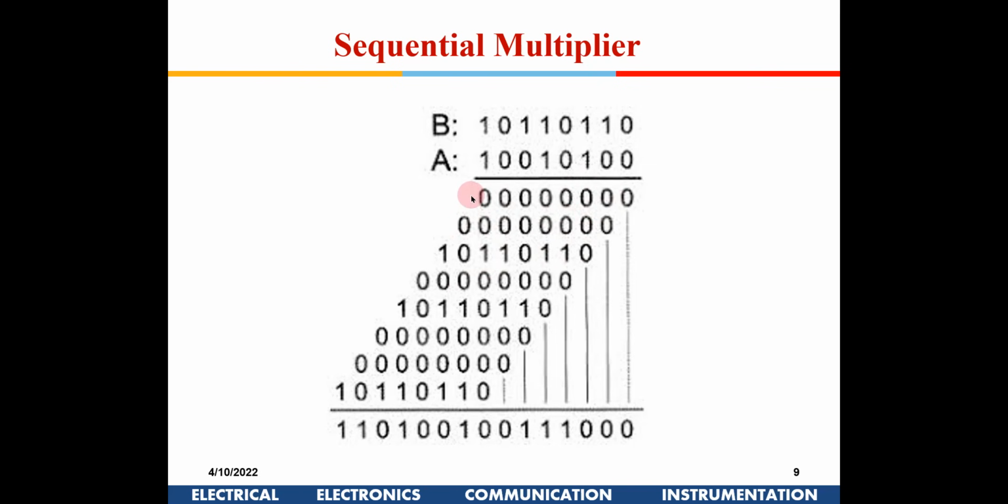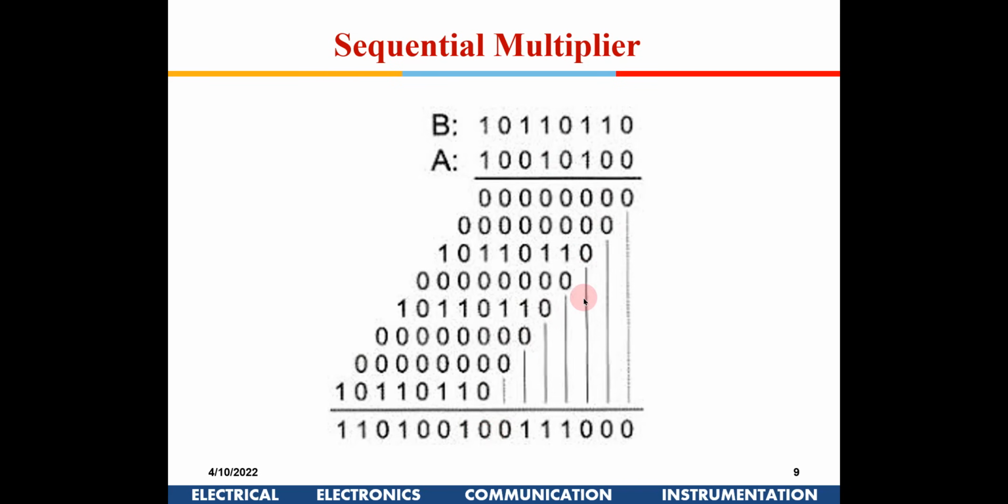If it is 0, we just write 0 and then shift it to the right, and I take the next bit. If it is 0, I write all zeros and again shift it to the right. Then I take the next bit. If it is 1, I write this entire thing out here as it is. And then you keep adding it.